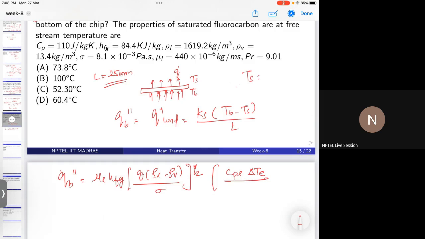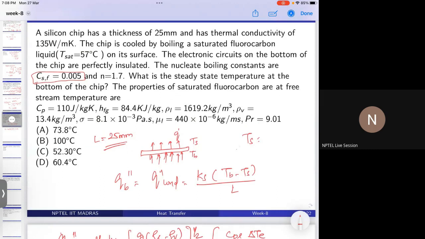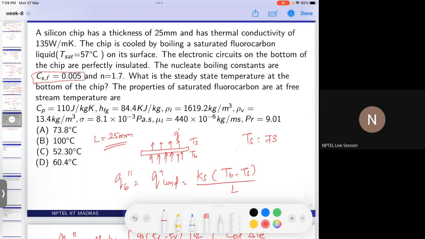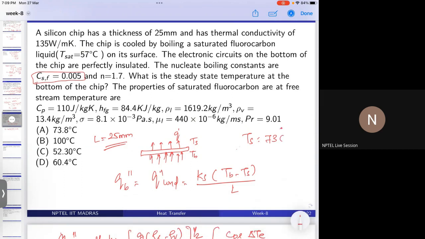Let me check the question. So the T surface you can take as around 73 degrees, the surface temperature of the chip. Now you can calculate everything.